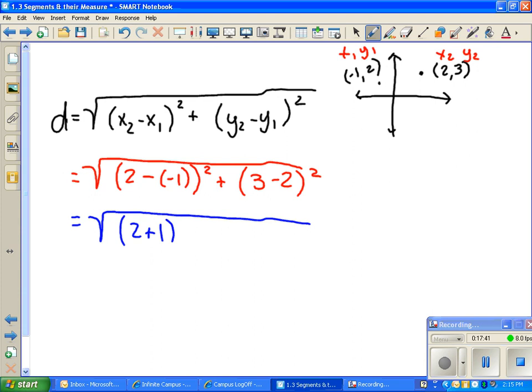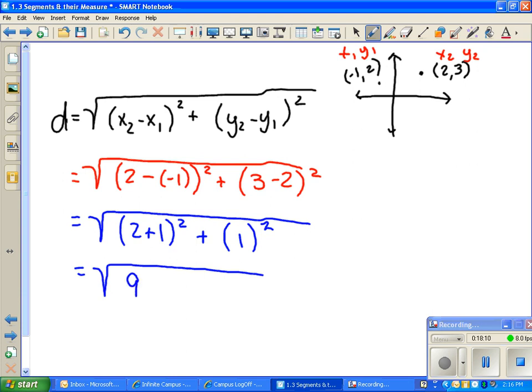So you've got (2 plus 1) squared plus, what's 3 minus 2? (1) squared. Now keep it in parentheses, because your calculator will then give you the right answer. If you don't, you could get the wrong answer. What's 2 plus 1? 3, and 3 squared is 3 times 3, which is 9.